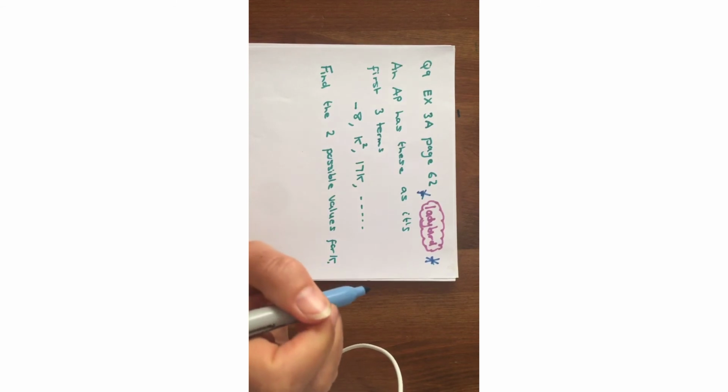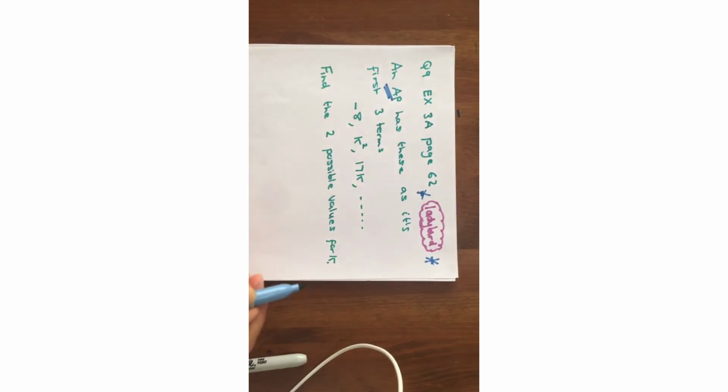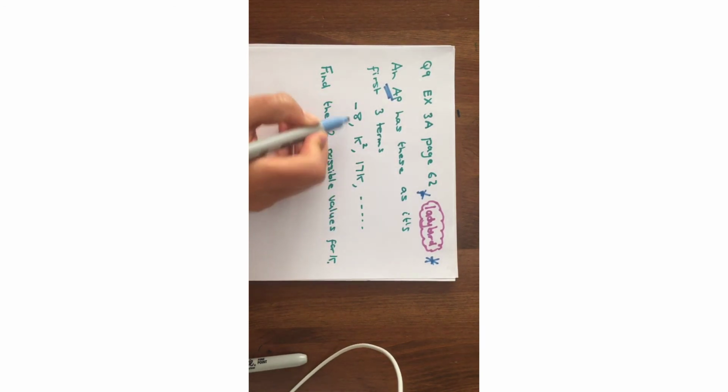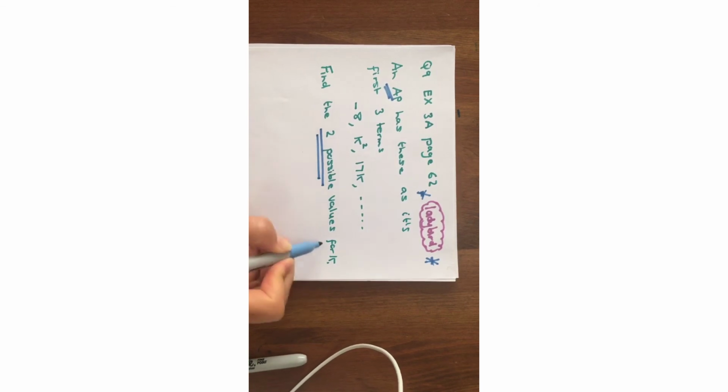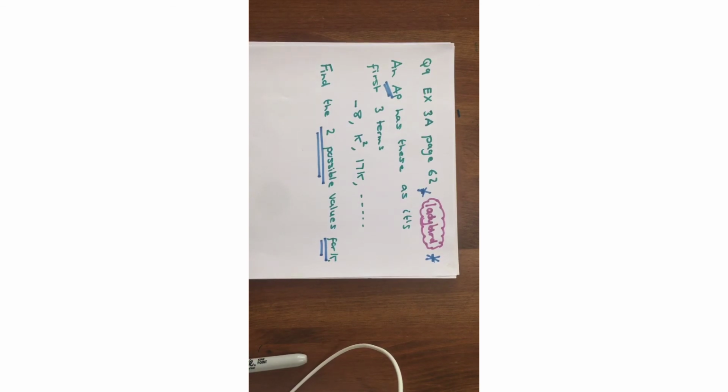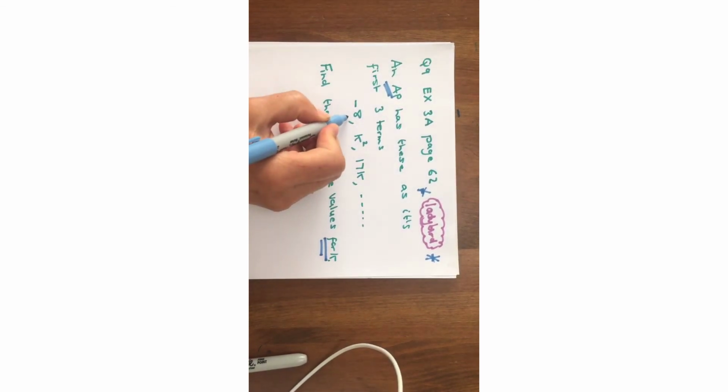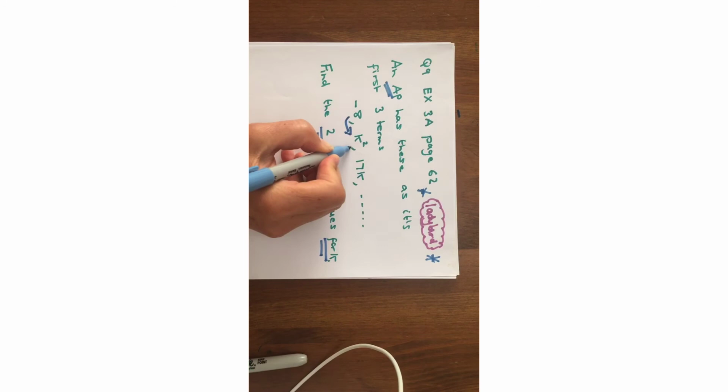An arithmetic progression has these as its first 3 terms. First term, second term, third term. Find the 2 possible values of k. Now, I know that it's going up a common difference d.